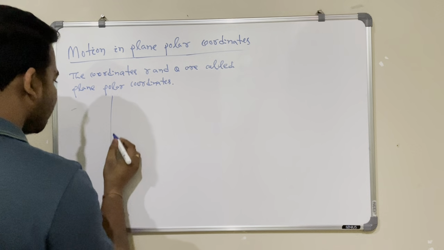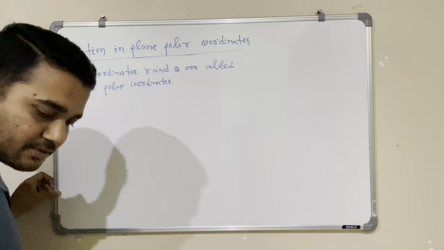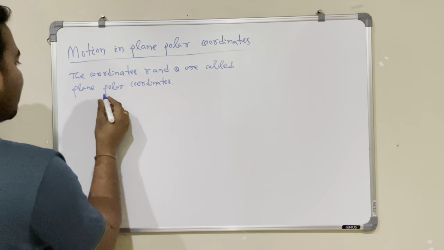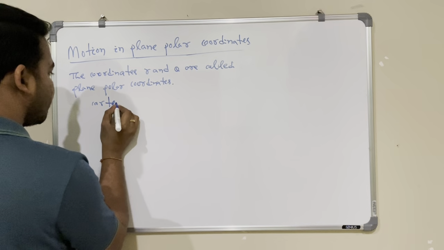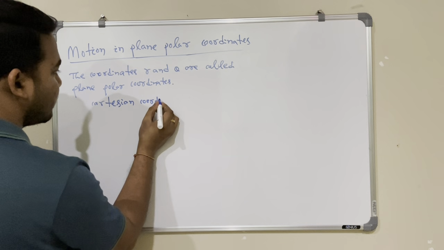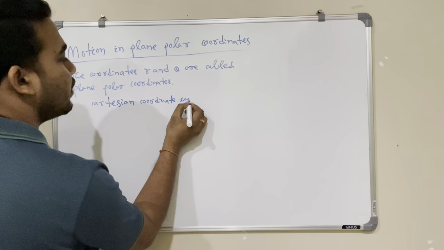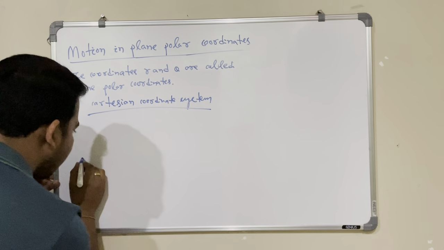Constant coordinate lines means the lines on which a particular coordinate remains constant. We'll first do it for the Cartesian coordinate system.